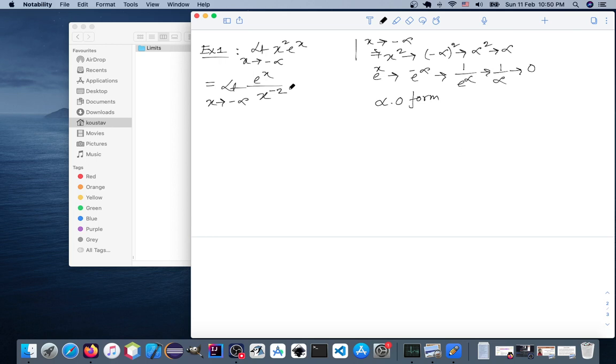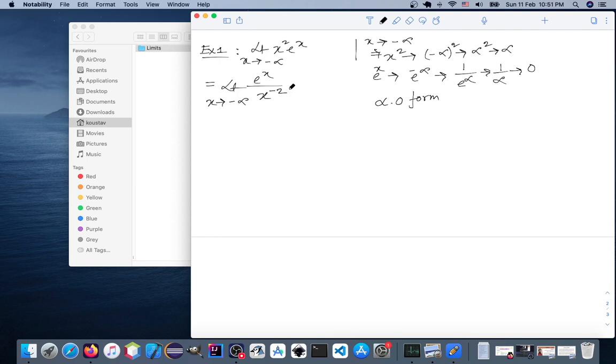If I do this and then apply L'Hopital's rule, if we differentiate e to the power x, it will always be e to the power x, and the power of x in the denominator will keep on decreasing.